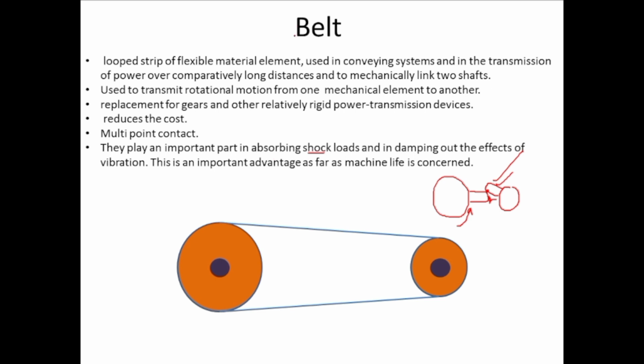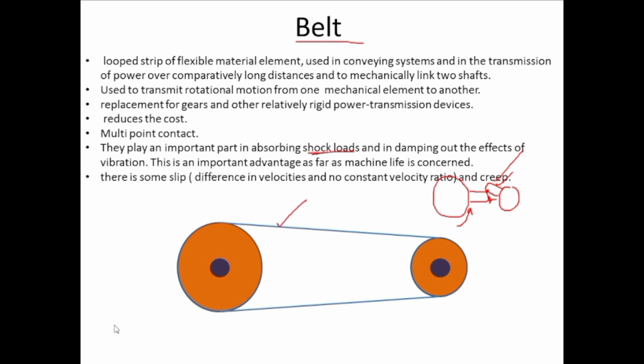So in case of this belt, since there is a constant multi-point contact, there will be no shock, and vibration will also be absorbed since this is made up of a flexible material. Because of that, the life of the machine will be greater as compared to the gear.